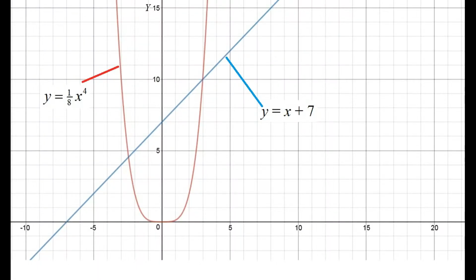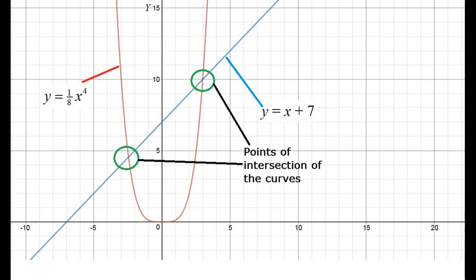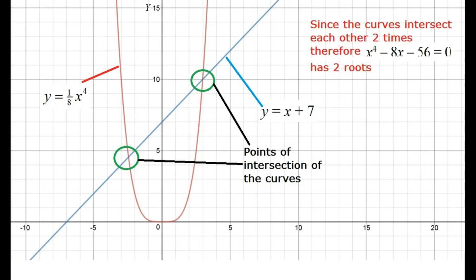I have the curve y equals 1/8 x to the power 4 drawn in red, and the line y equals x plus 7 drawn in blue. Take note that there are 2 points of intersection here. I've highlighted these 2 points on the figure. And remember, according to the result, 2 points of intersection correspond to 2 roots. So that completes part A.